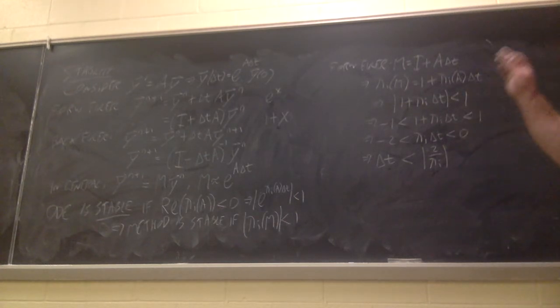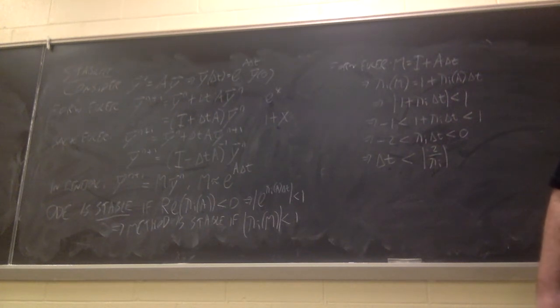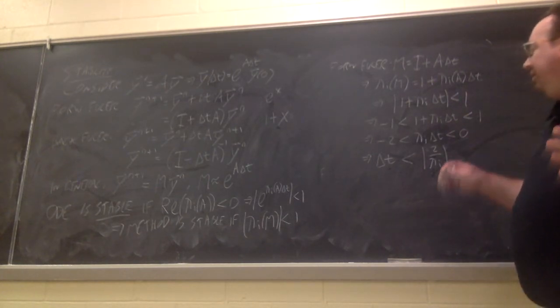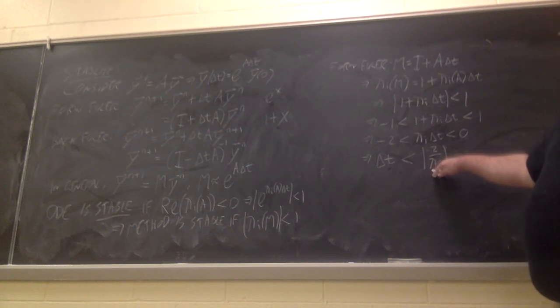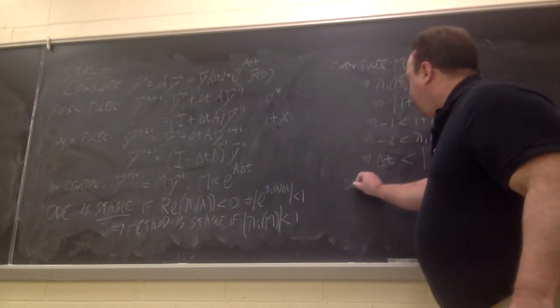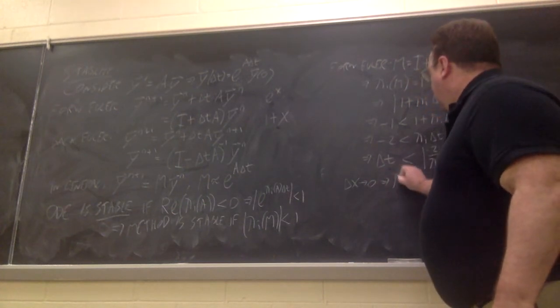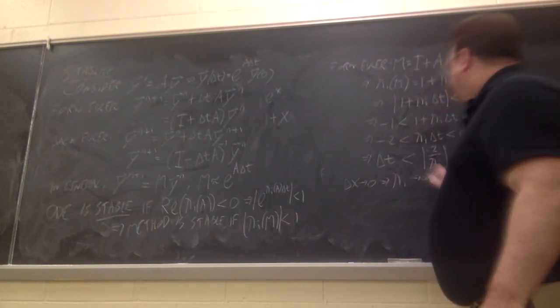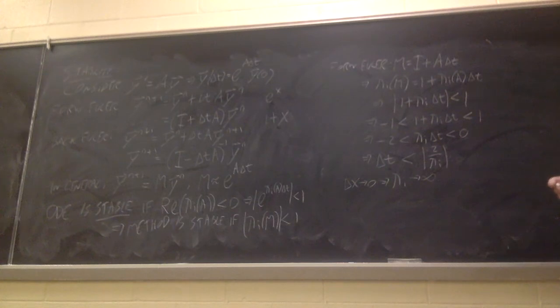But here's the thing. When this system of ODEs comes from a PDE, you're going to get large eigenvalues. It's just something that always seems to happen. And in fact, the more grid points you use in your spatial grid, so the smaller your delta x or your h, the larger these eigenvalues get. So as delta x goes to 0, the largest eigenvalues go to infinity.